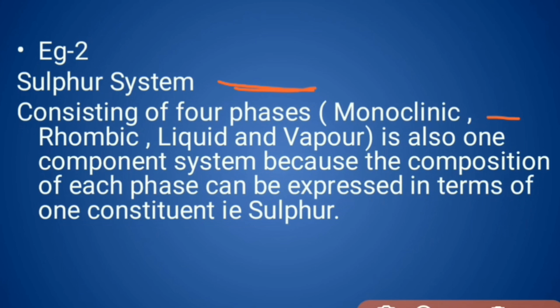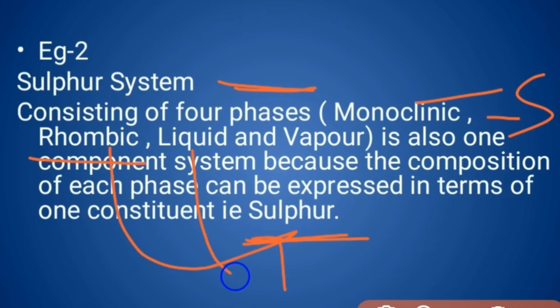Because the composition of each phase can be expressed in terms of one constituent, and that is sulfur. Monoclinic is expressed as sulfur, rhombic as sulfur, liquid as sulfur, and vapor also as sulfur. All four phases can be expressed directly in terms of one constituent, sulfur. That is why it is a one component system. I hope it is clear.